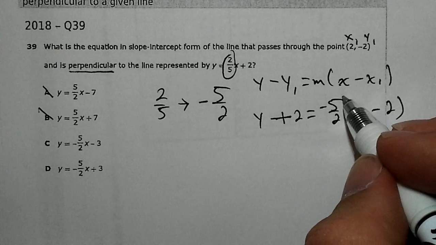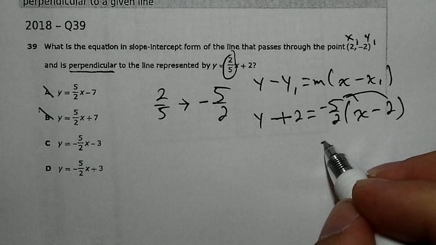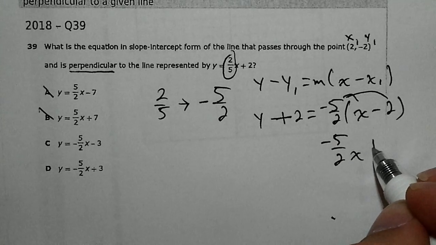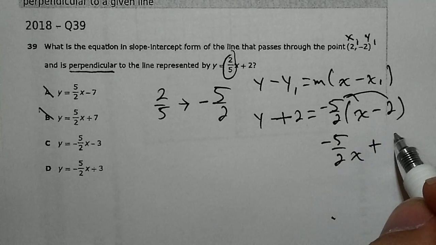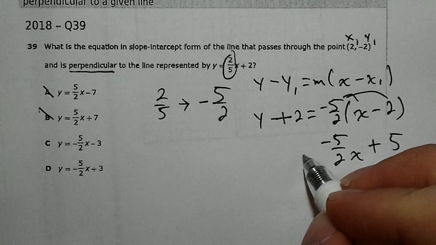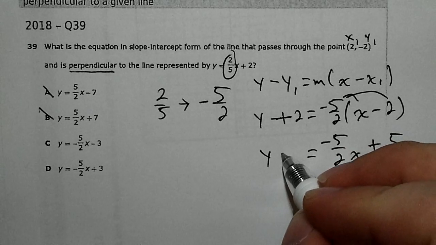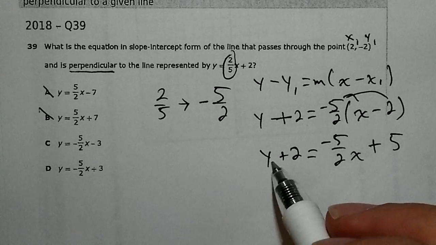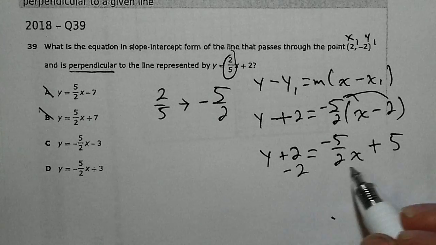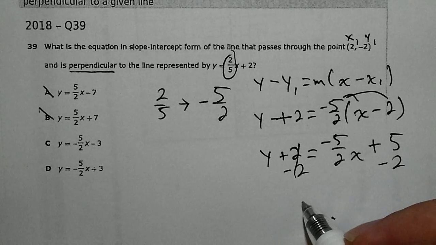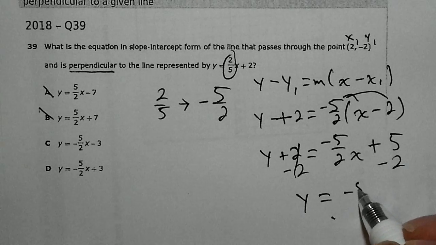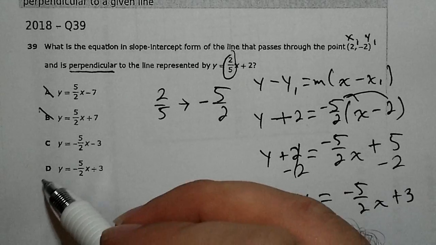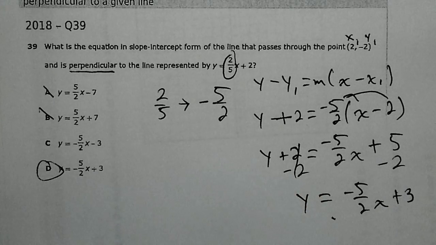Now we distribute. That's -5/2 x, and negative times negative is positive, so plus 5. Now we just need to say y equals to get it to look like that. So we just move this 2 by subtracting 2. We get y equals -5/2 x plus 3. So it is answer D.